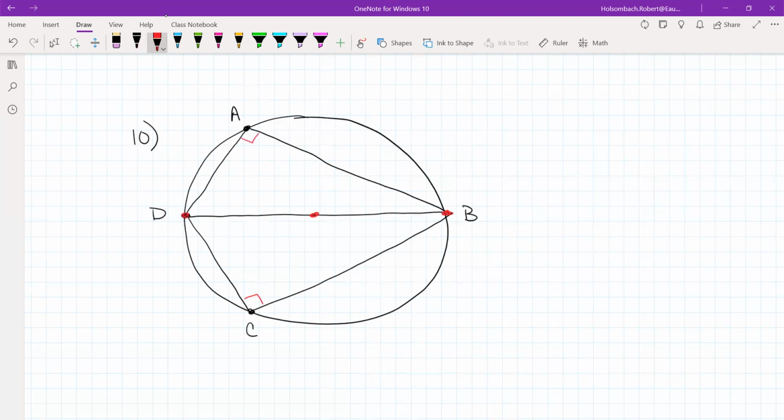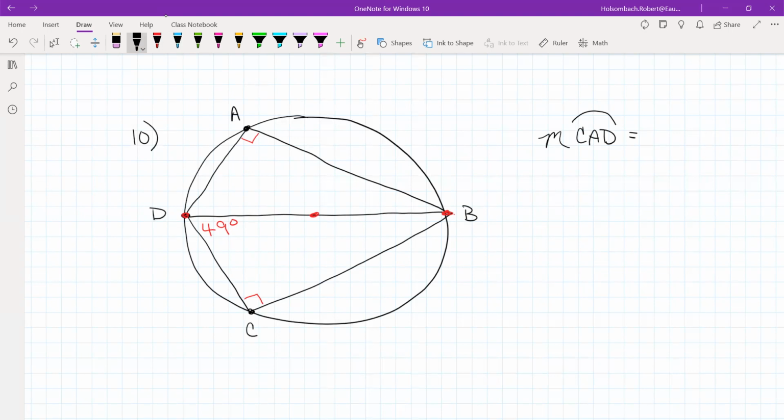The measure of BDC is 49 degrees, right here. What is the measure of arc CAD? You need the measure of arc CAD.